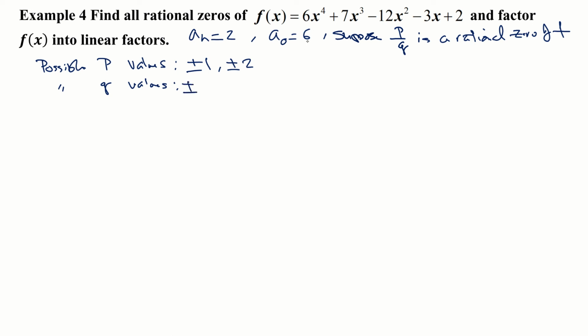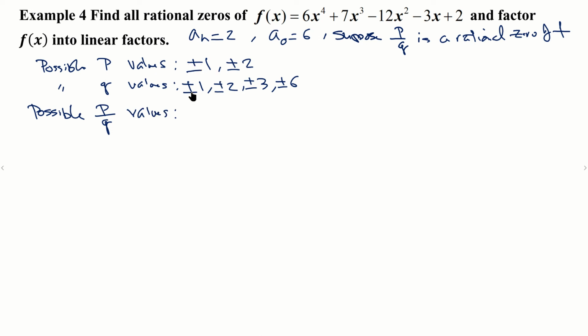We have positive or negative 1, positive or negative 2, positive or negative 3, but don't forget also positive or negative 6, right? So now we want to see what are the possible P over Q values, right? So just be systematic about this.